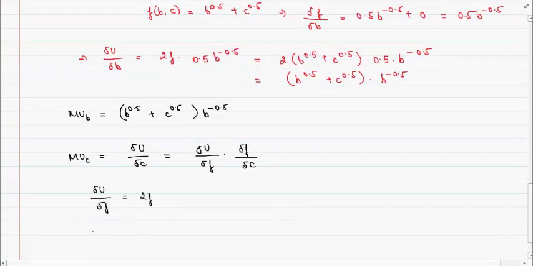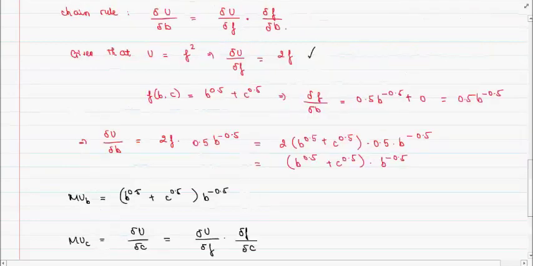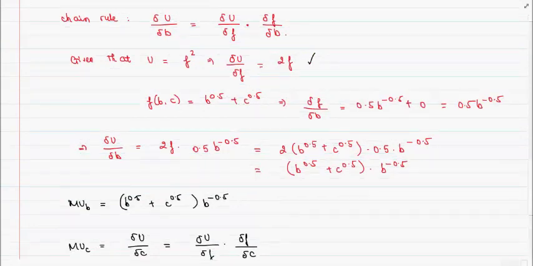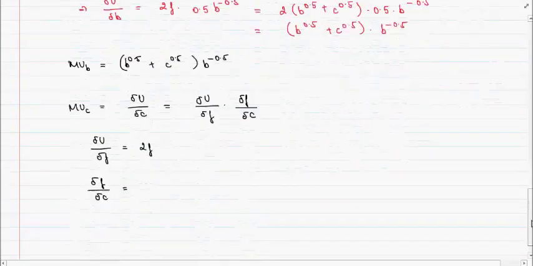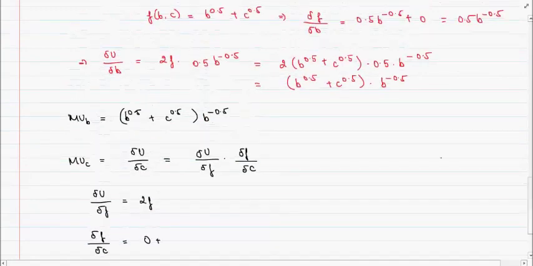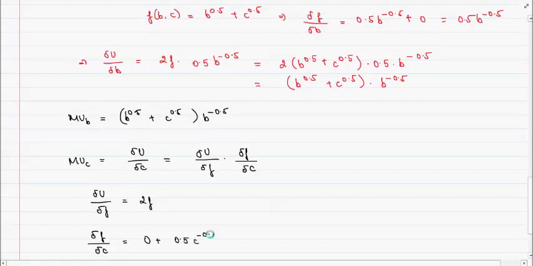And the change in f given the change in c: given that f is equal to b^0.5 plus c^0.5, if we differentiate that with respect to c, you get 0 for the first term, just a constant, plus 0.5 c to the power negative 0.5.